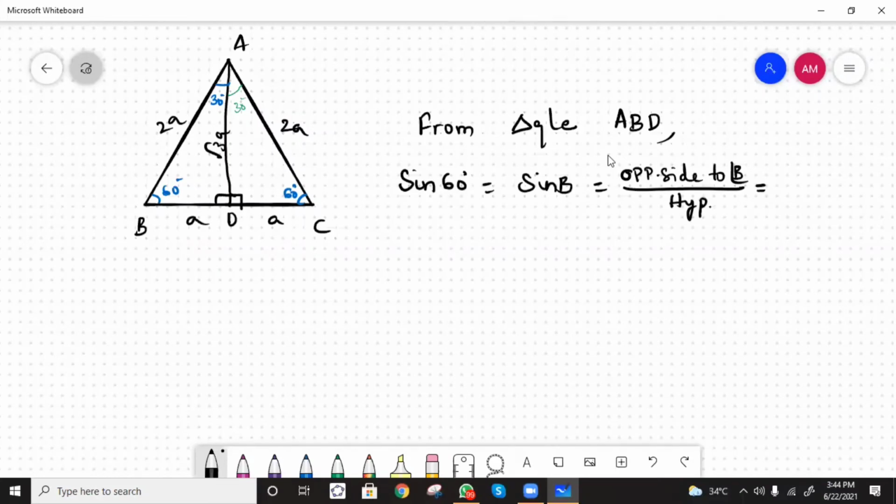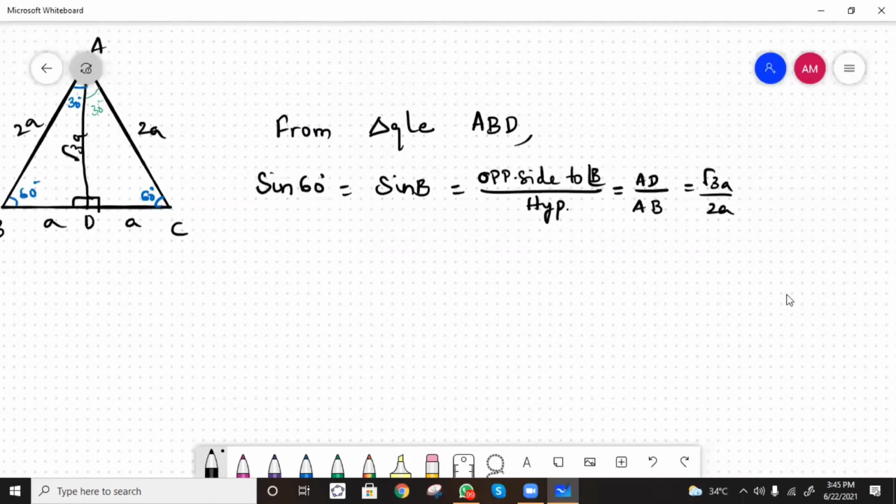Opposite side is AD, divided by hypotenuse AB. So this is equal to root 3A divided by 2A. Let us cancel A, as it cannot be equal to 0. So we got root 3 by 2. Therefore, sine 60 is root 3 by 2.